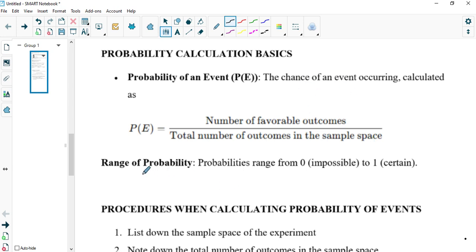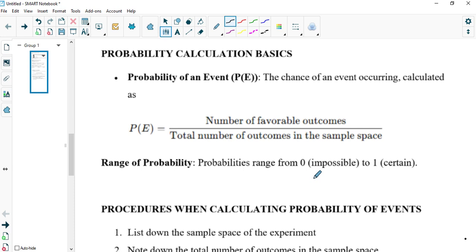Now in mathematics, the total probability ranges from 0 to 1, meaning there is no way that you can find a probability of a certain event which is not within 0 to 1. So 0 means that the event cannot occur. That's the failure.